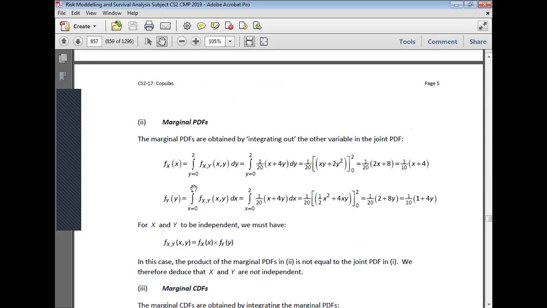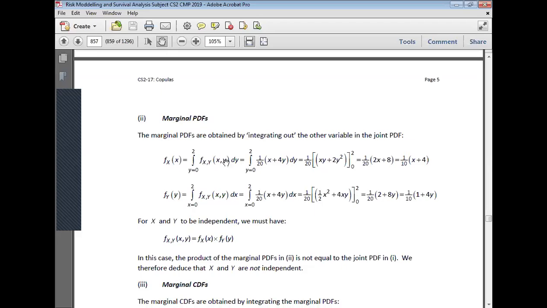Essentially, you're checking for all the values of y what values x will take, and simultaneously you get the chances of observing each of these x's. You integrate over y and remove the y values by substituting 0 to 2, and at the end you only end up with the random variable x, not any y, and that is your f of x.